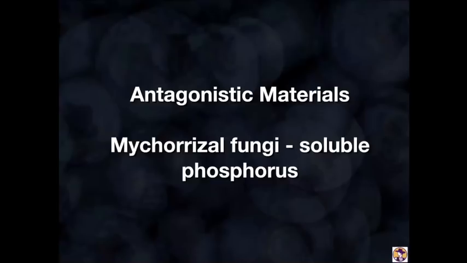So if we add a soluble phosphorus product, such as liquid phosphorus 989, for example, to a mycorrhizal fungi application, the effect will be that it will suppress and almost completely shut down the mycorrhizal fungi, and they will not establish a viable colony and will not colonize the root system. So that is one combination that doesn't fit together at all.